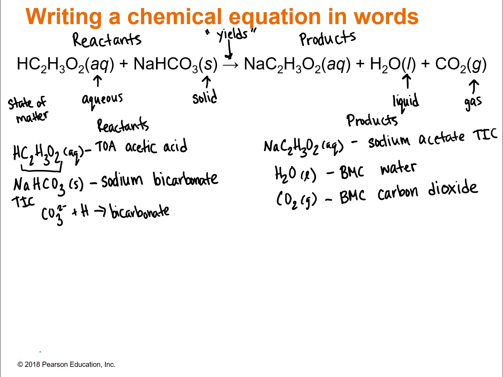Let's make sure that we add in the state of matter. So for our reactants, we've got aqueous acetic acid. That's sodium bicarb. Oops, see, I'm writing sodium. The sodium bicarb is a solid.